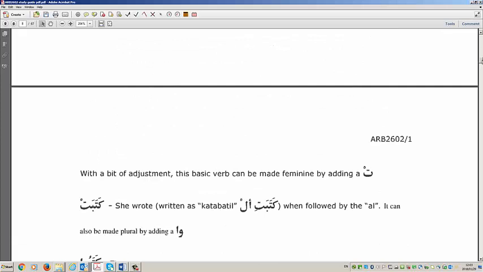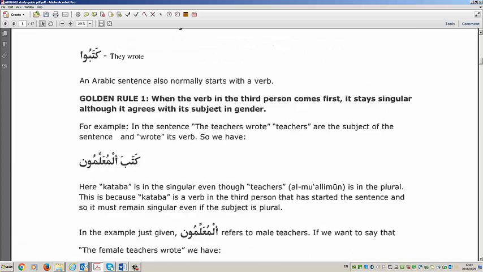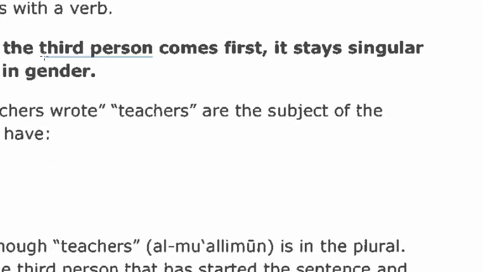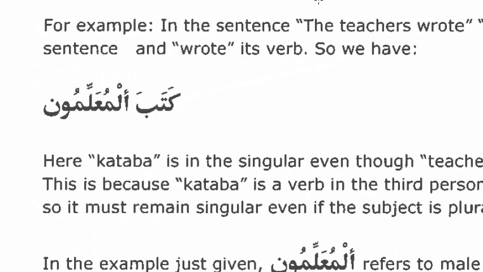But coming back, there are a couple of golden rules we must remember when dealing with the Arabic verb. The first golden rule, and this is very important, is that when the verb is in the third person, in other words, if it refers to a he or she or they, particularly a he or she, it must stay singular even though its subject is plural.